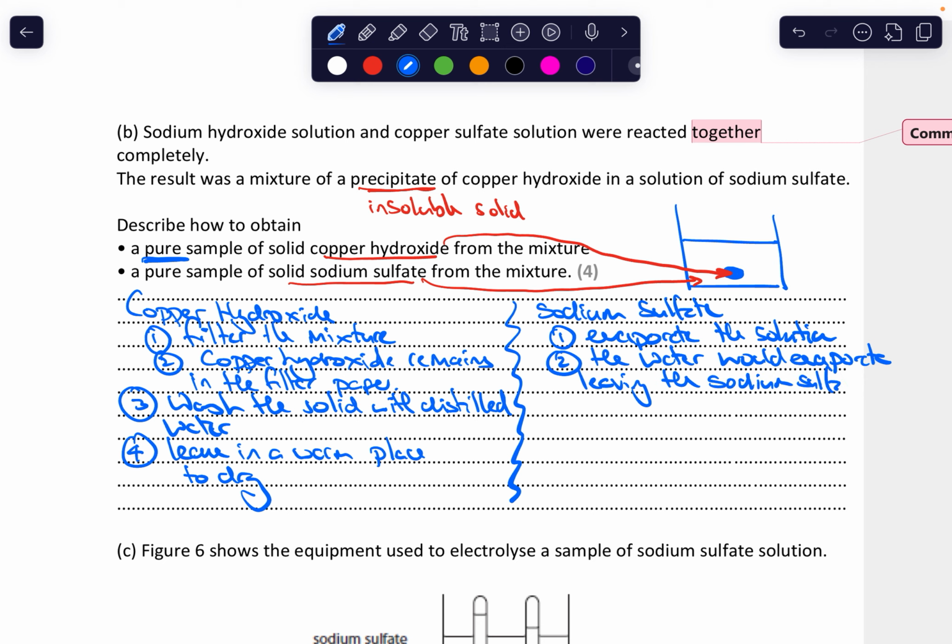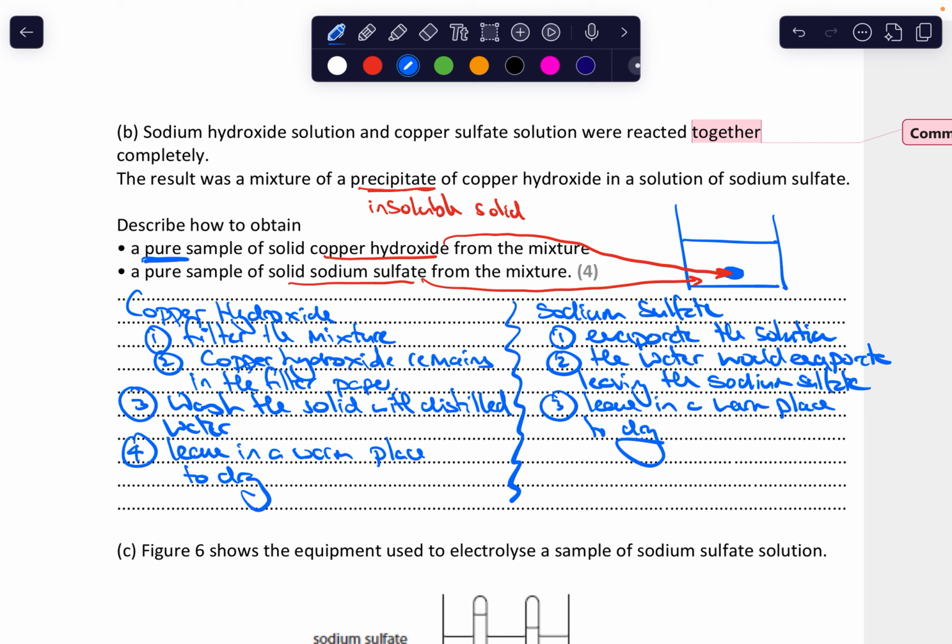And again, all we do is leave it in a warm place to dry. So in terms of marks, there's lots of points in there, and every one of those points is important. As long as you've got 4 of those points in there, you are going to get the marks for your answer.